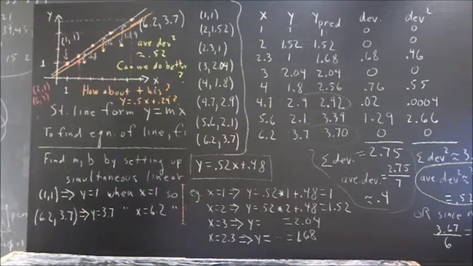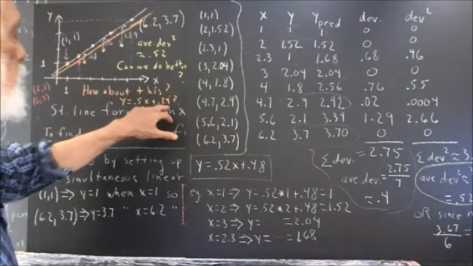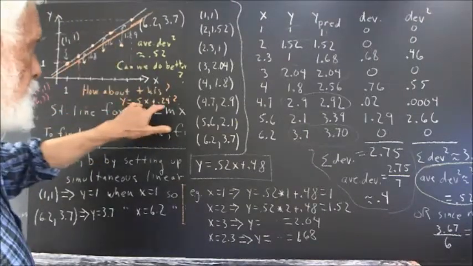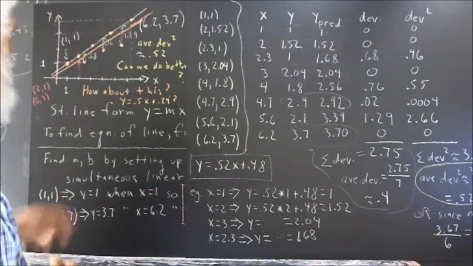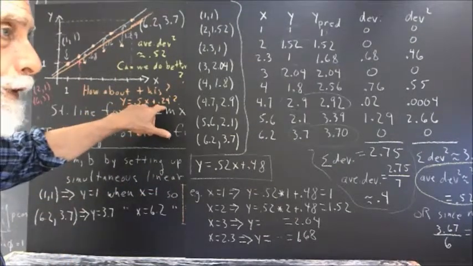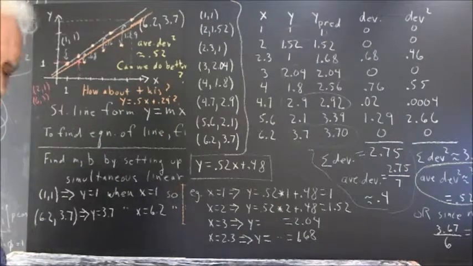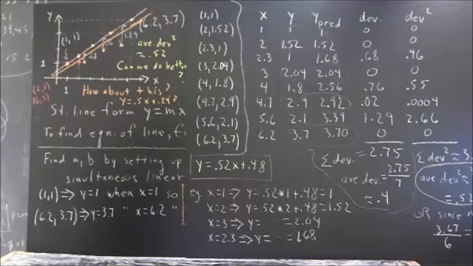I'll add a little more information. For this line, where I said I thought that this would significantly improve the average squared deviation, I get the average squared deviation to be about, I believe, 0.24. Let me just make sure about that. Yeah.